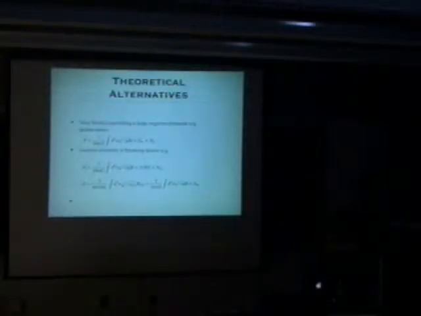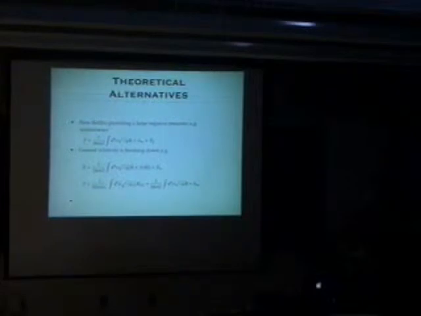This has led to a large number of theoretical alternatives being constructed, in particular to replace this lambda. Some of them include adding an additional field to your Einstein-Hilbert action with matter. This goes in the name of, for example, quintessence, or you could add something else, whatever you wanted there.